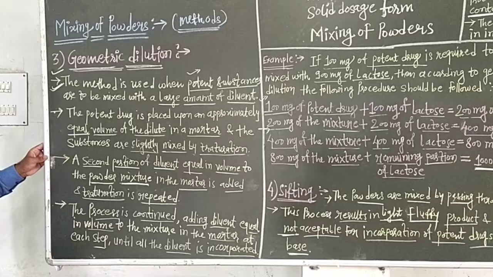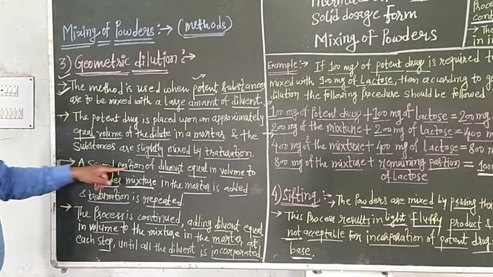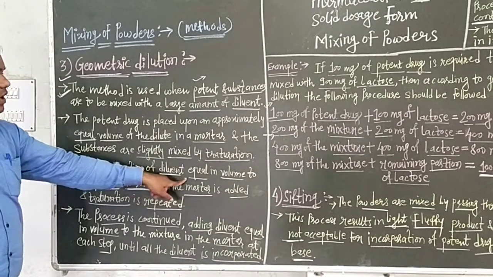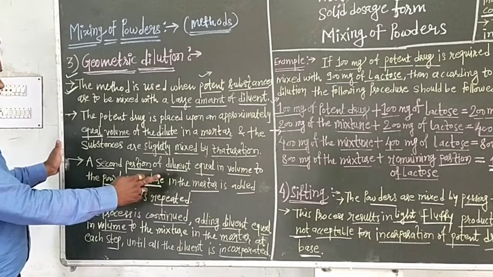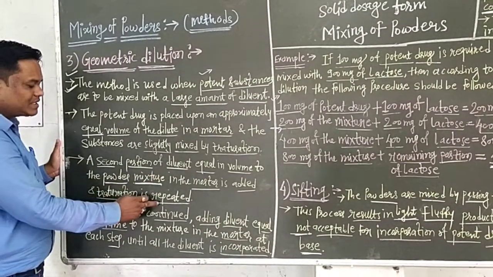Then what is the second step? A second portion of diluent, equal in volume to the powder mixture in the mortar, is added and trituration is repeated.